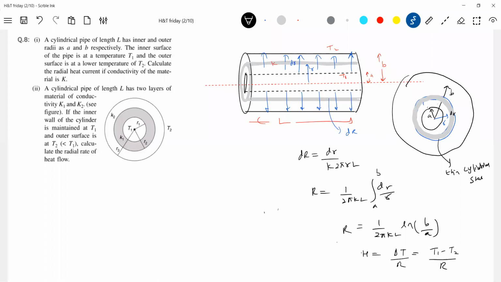Come to the second part. A cylindrical pipe of length L has 2 layers of material of conductivity K1 and K2. If the inner wall is maintained at T1 and the outer at T2, calculate the radial flow of heat. How will the heat flow? Radially outward.